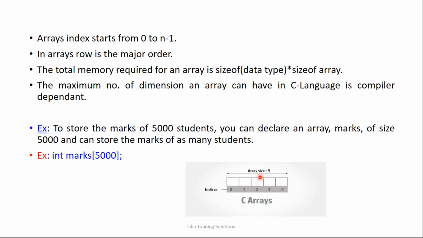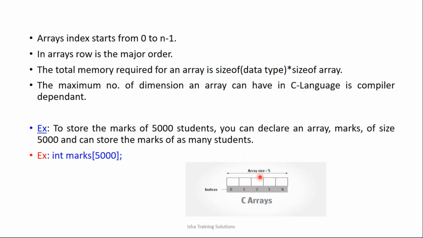It means the number of values that an array should contain, the index value of that array will be n minus 1, obviously.